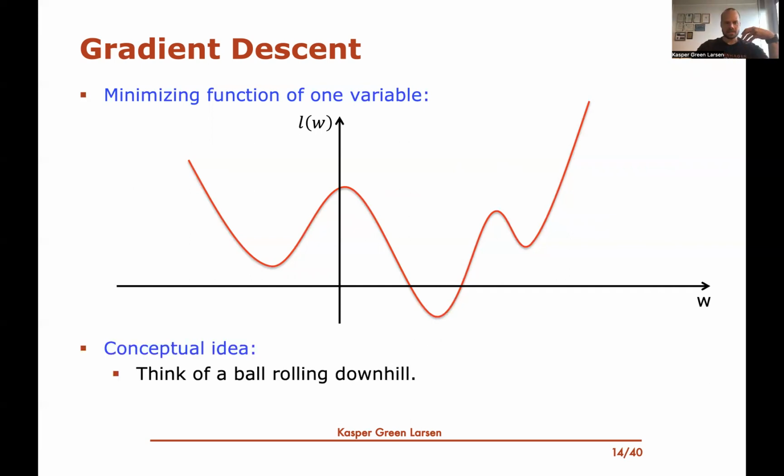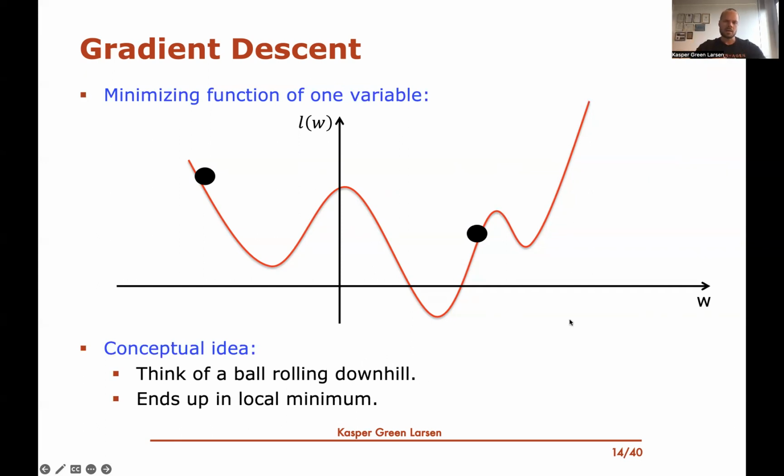The basic idea in gradient descent is to imagine that this is a landscape and you have a ball that's rolling downhill. If I put a ball on the surface and let it roll downhill, it will end up in a local minimum.